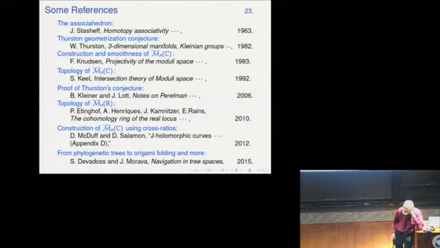The reason why it should be, well, saying that if you have a smooth surface, saying that it has a hyperbolic structure is not a very strong statement. Most surfaces have hyperbolic structures.